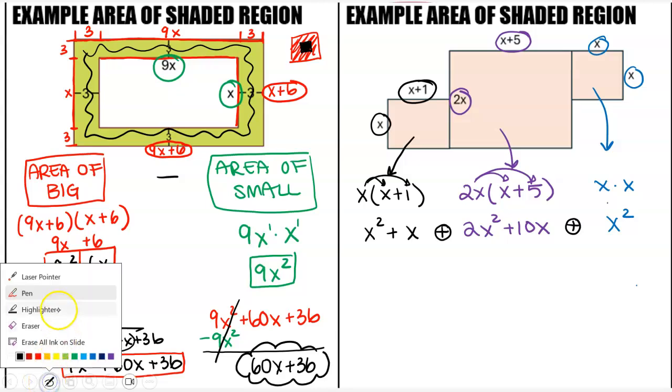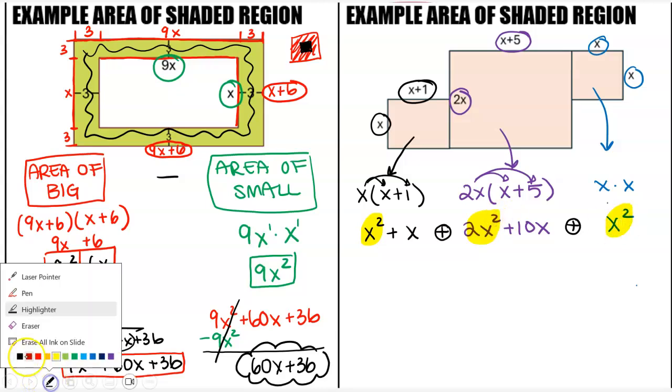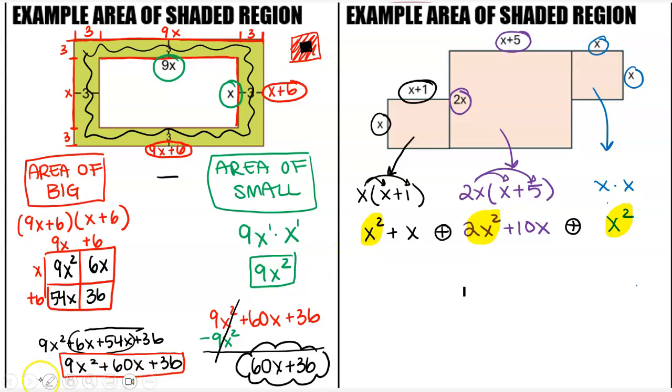To add, I'm going to look for like terms. I have an x squared, a 2x squared, and an x squared. Those x squareds just have ones in front of them. So in reality, I have 1 plus 2 plus 1 x squared, or 4x squared.